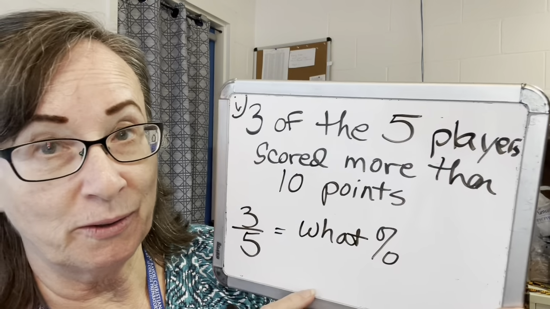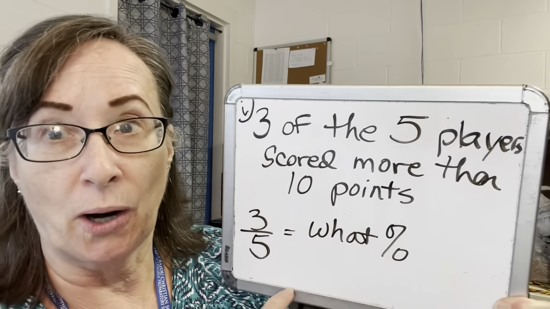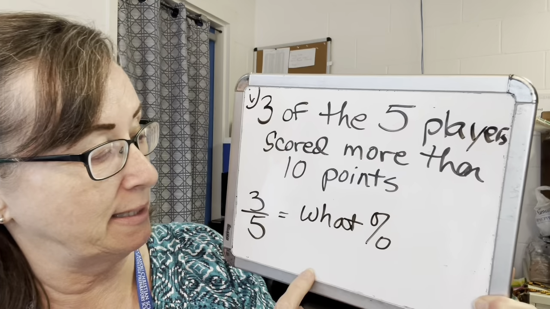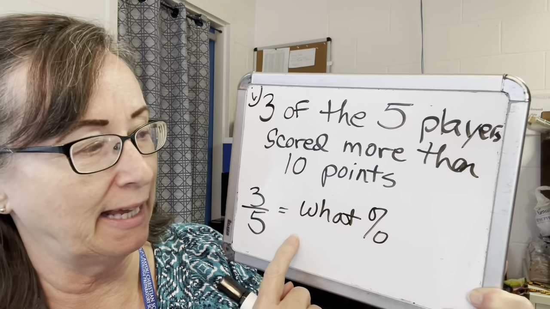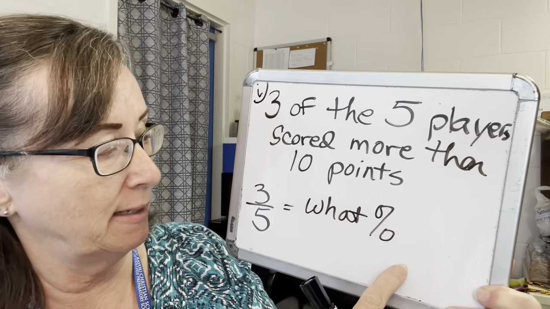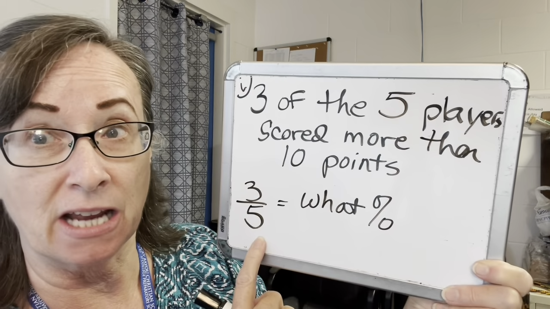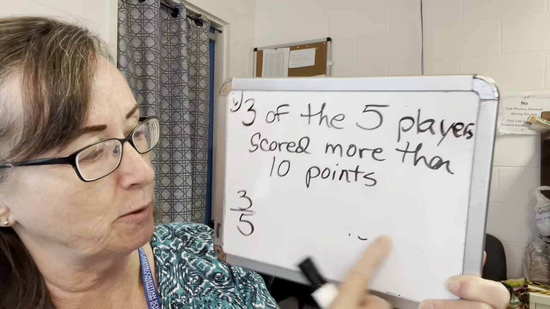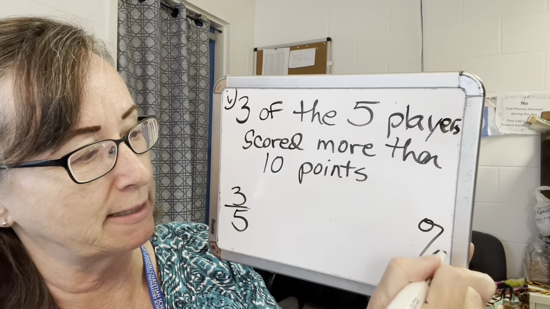Okay, so here we have a practice problem. 3 of the 5 players scored more than 10 points. 3/5 is what percent? So remember, we want to get the denominator to be 100. So we're turning it into a percent. We'll just stick a percent sign over there.